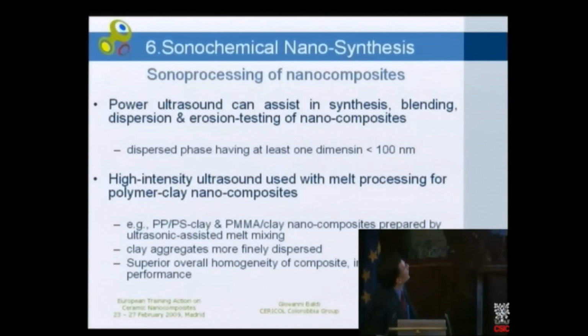Power ultrasound can assist in synthesis, blending, dispersion, and erosion testing of nanocomposites. High-intensity ultrasound used with melt processing for polymer and clay nanocomposites can also be used. For example, polypropylene clay and polymethylmethacrylate clay nanocomposites can be prepared by ultrasonic assisted melt mixing.